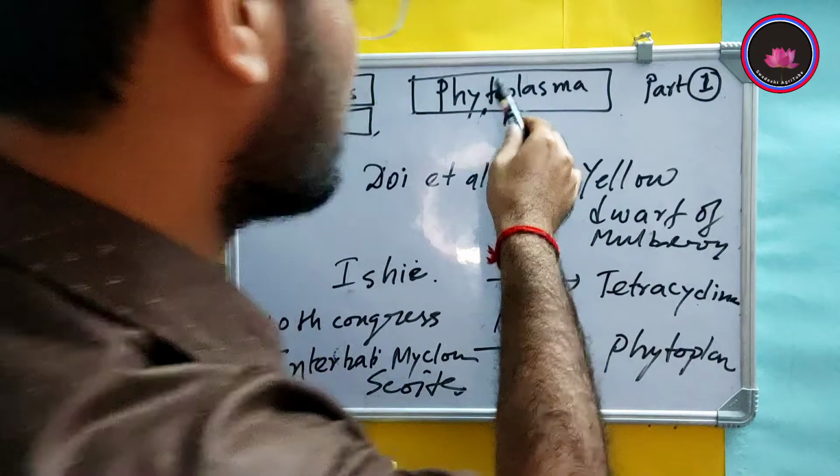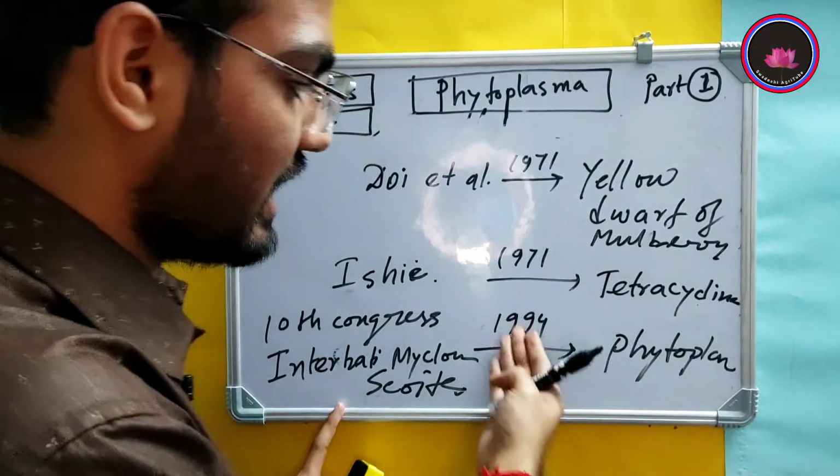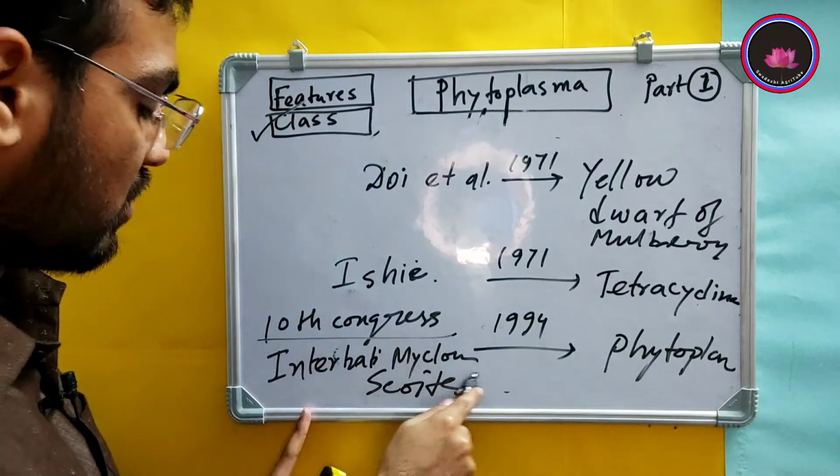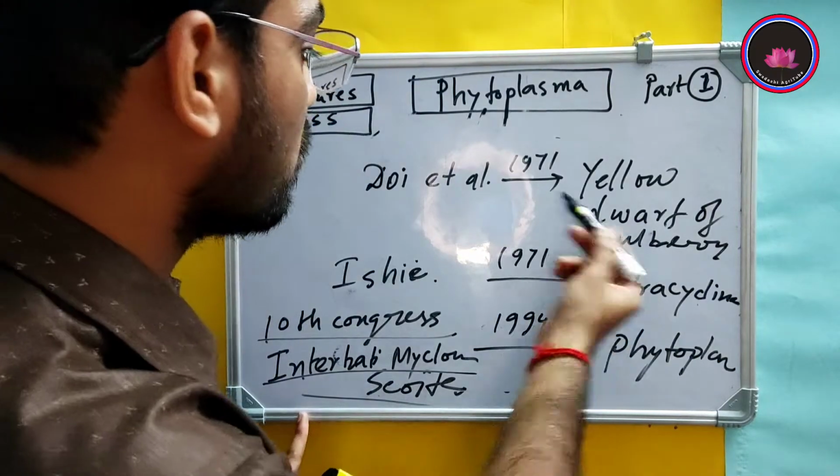So this phytoplasma got the name in 1994 at the 10th Congress of the International Society. But who discovered it? Doi et al.